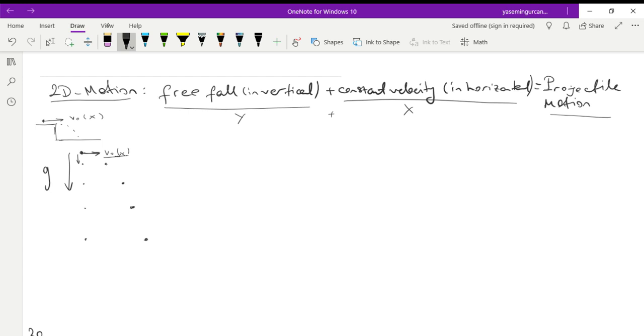This also falls 1 meter, 2 meter, 3 meter, 4 meter. The same amount of fall they will experience in the vertical direction. The only difference is that the one that you push in the horizontal direction at the beginning is also moving in the horizontal direction, with a constant velocity that you left it with.